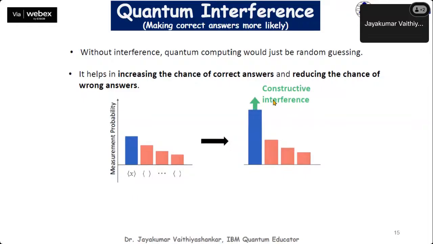With constructive interference, the correct answer's amplitude will increase, the height will increase. With destructive interference, the amplitude of wrong answers will be reduced. Here the blue color is the correct answer, and all the remaining pink is the negative or wrong answer. The whole agenda of a quantum algorithm is to create more constructive interference and more destructive interference, until you get a differentiable correct answer amplitude.